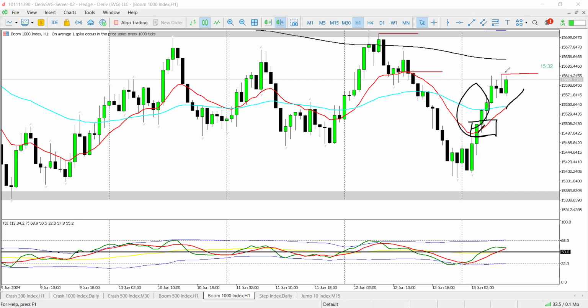So if we do break here, we could come up, possible, but I would prefer price to trickle back down first before I get interested in a buy. So if you look to the left again, you want to wait for price to show you the intraday direction, right?